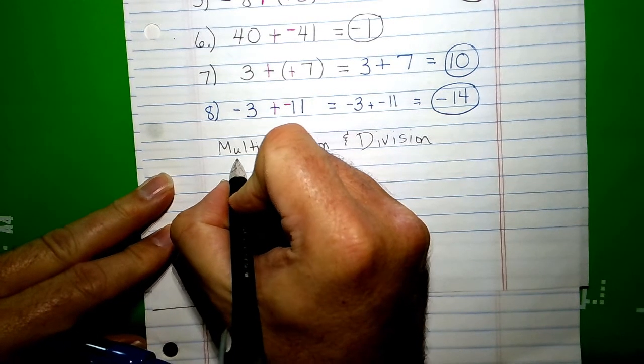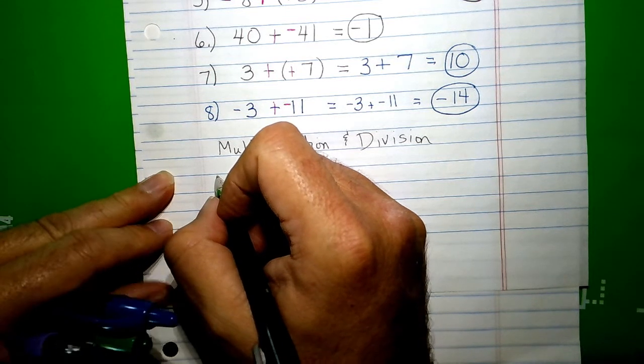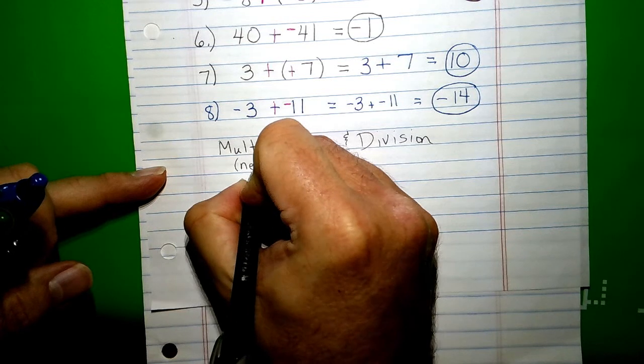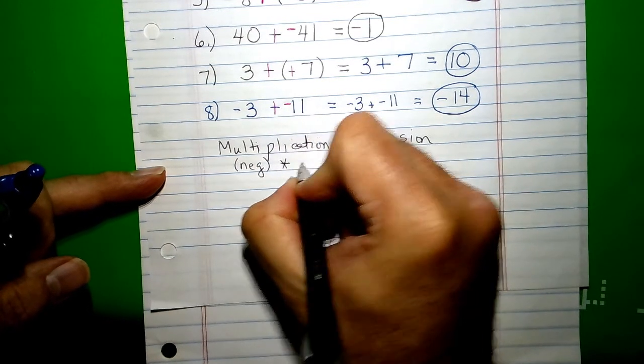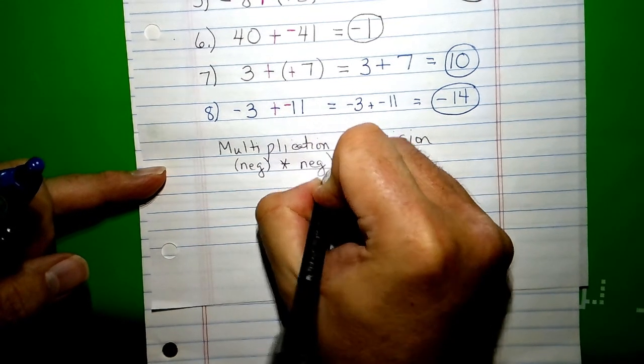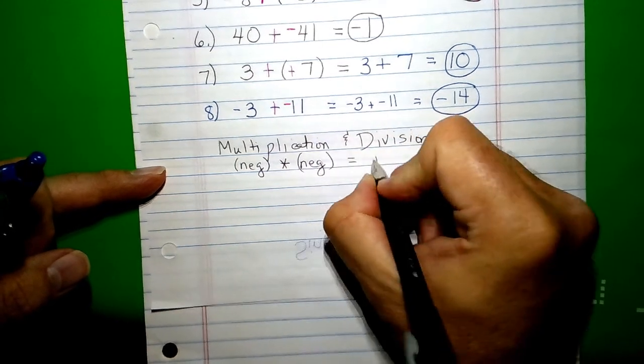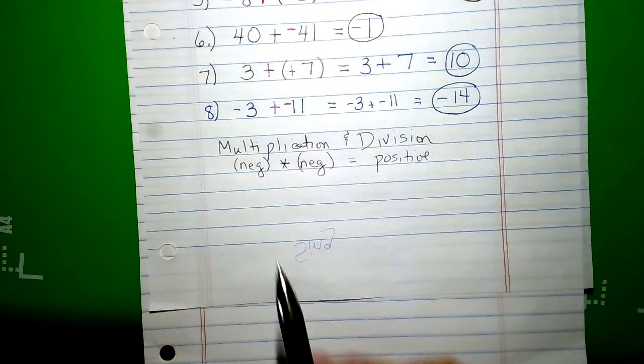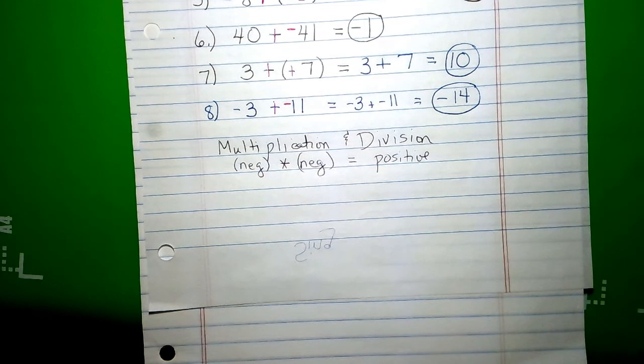Okay, both. We already know a positive times a positive is a positive. Well, if you have a negative number times a negative number, that's a positive. And that same rule is true for division. So if you had negative divided by negative, it would be positive.